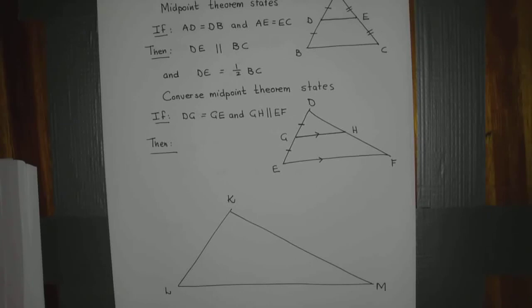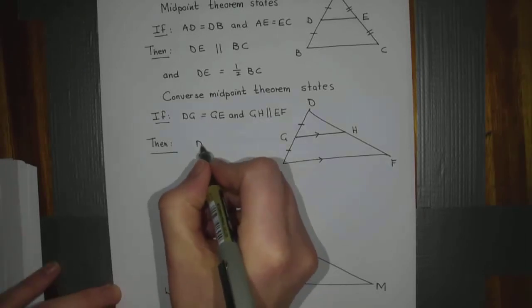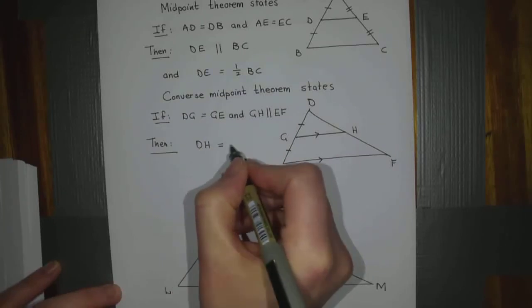The question is, if DG is equal to GE, so I've got the midpoint on this side, and this side is parallel to that side, what's the deduction? The converse midpoint theorem says what deduction can I make? Yes, it divides the other side in half. So the converse midpoint theorem then says that the deduction is that DH is then equal to HF.